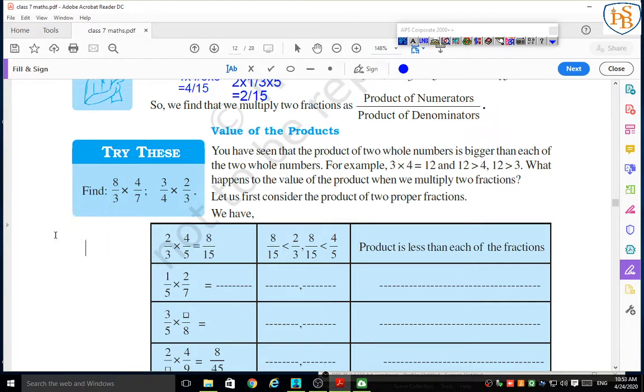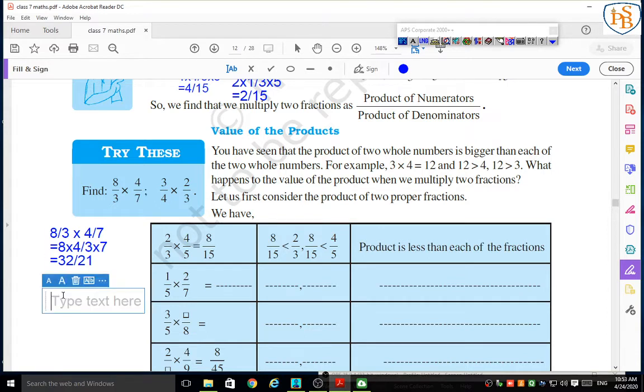Before that, we can also write it like this: 8 into 4 upon 3 into 7. So this is the answer.